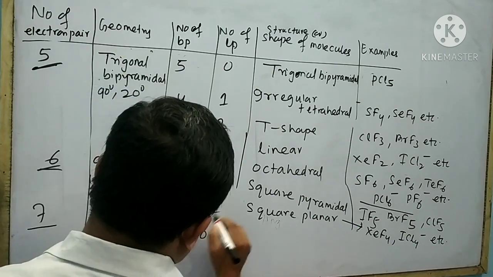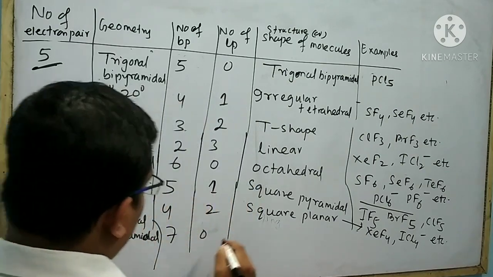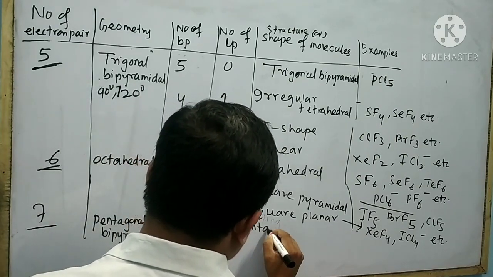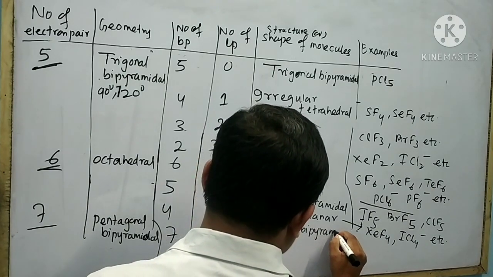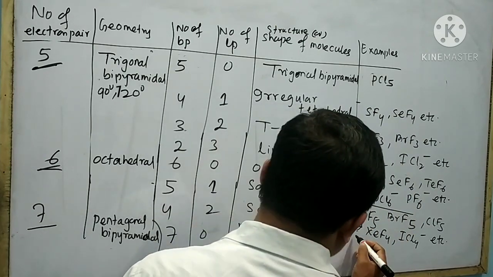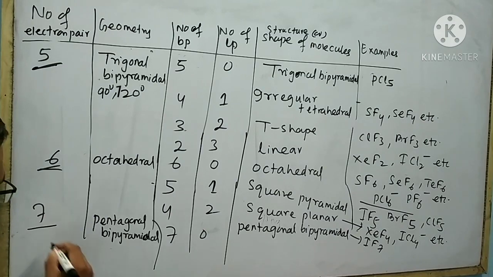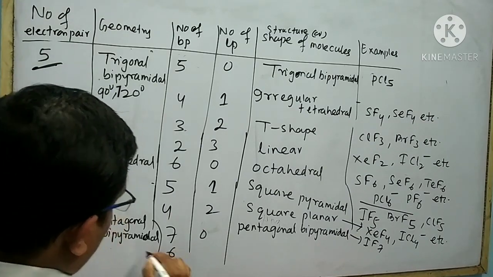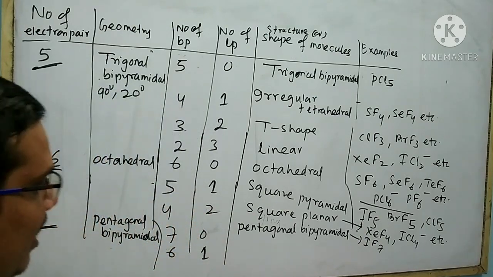There is no lone pair. Then the shape of the molecule is also pentagonal bipyramidal. The example of pentagonal bipyramidal is IF7.